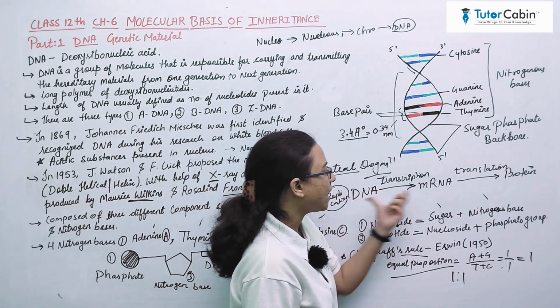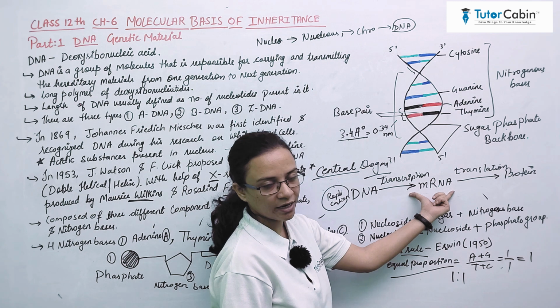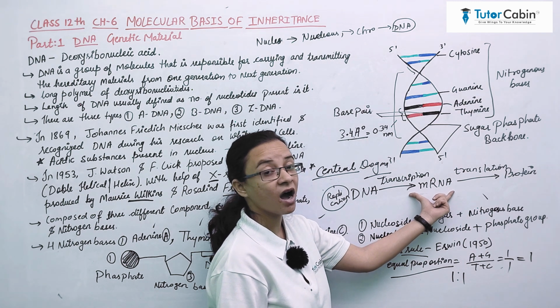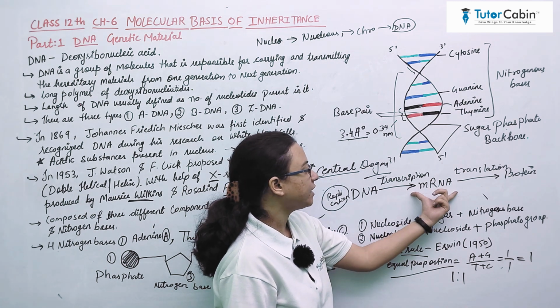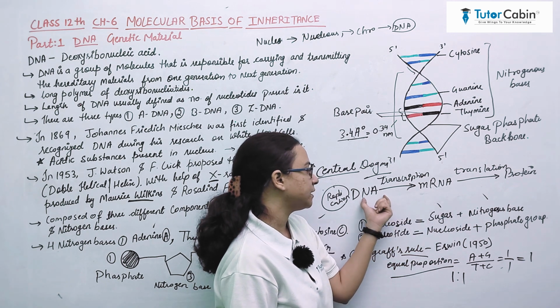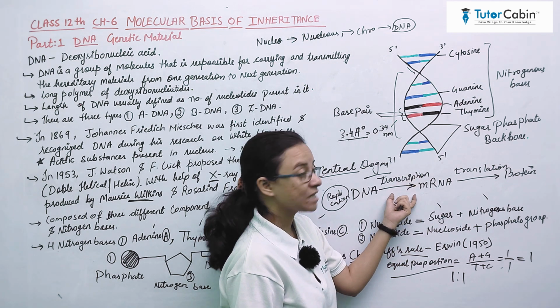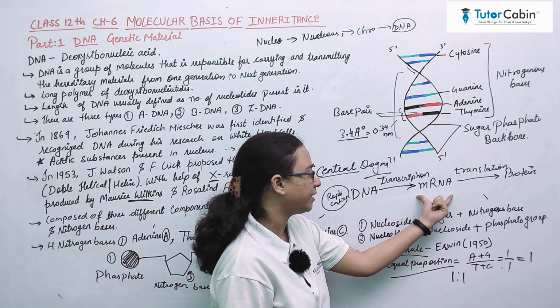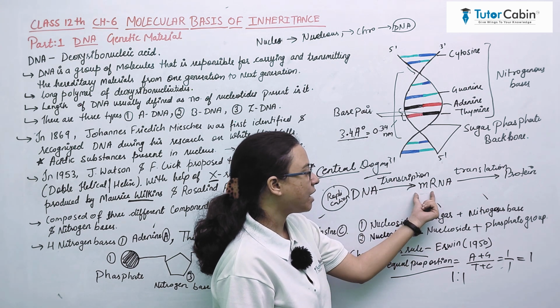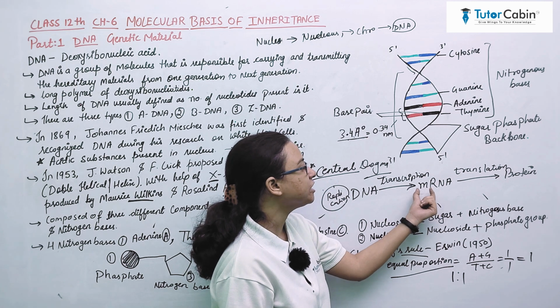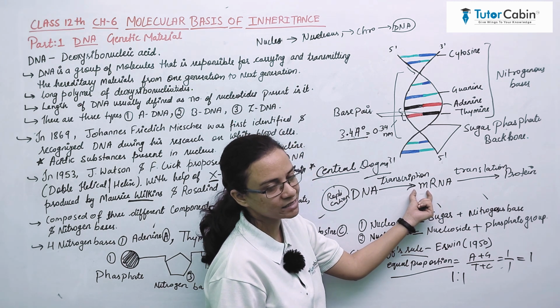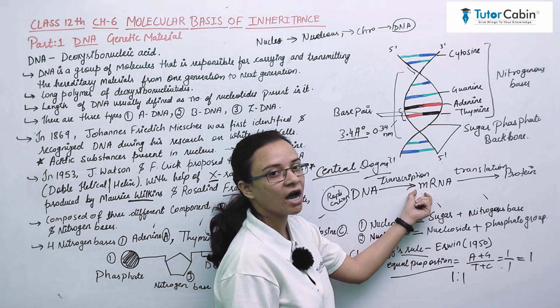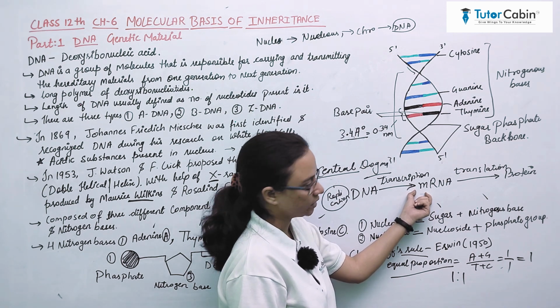DNA triggers the mRNA. There are three types of RNA: mRNA, tRNA, and rRNA. The RNA is triggered by the DNA by transcription. This process is transcription. The signals go to the RNA from DNA, the mRNA. This is the messenger RNA, and this messenger RNA recognizes the signal and then transfers it to the rRNA for the synthesis of protein.